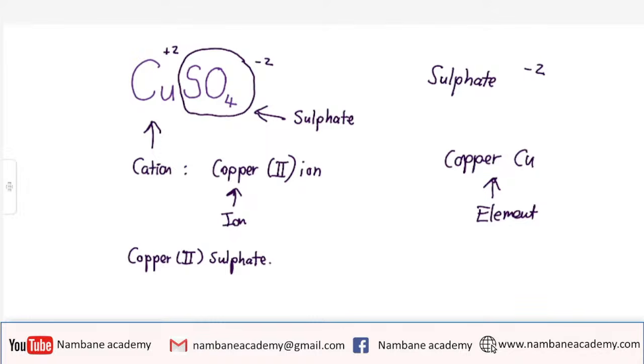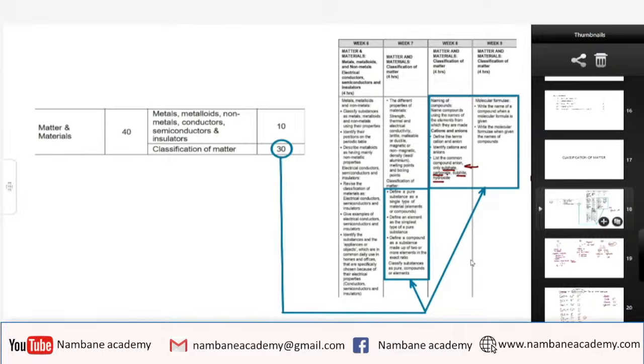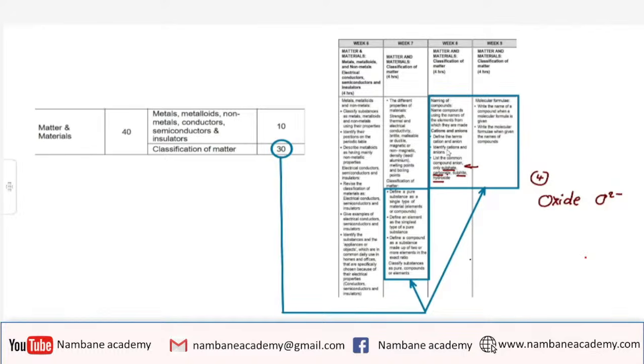Now, this part that people don't like, identifying the cations and anions, I've done them. It's easy. Start with your anions, then you start matching them with their cations, right? Then write the name of the compound when a molecular formula is given, and write the molecular formula when the name of compounds is given.